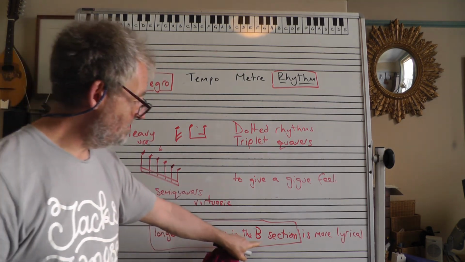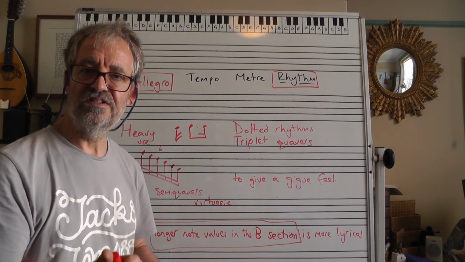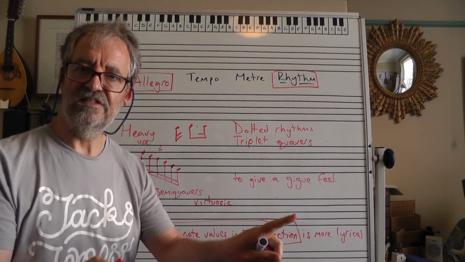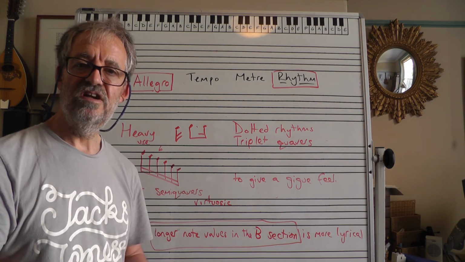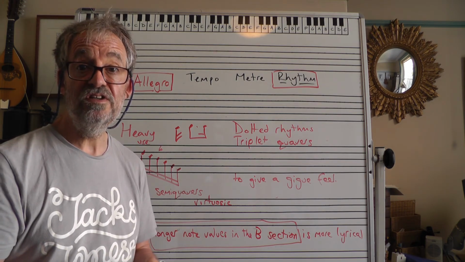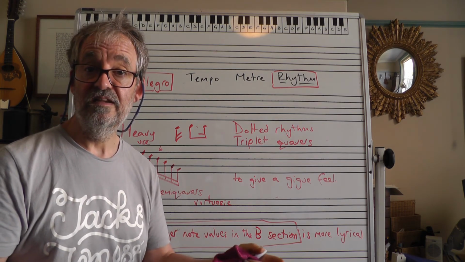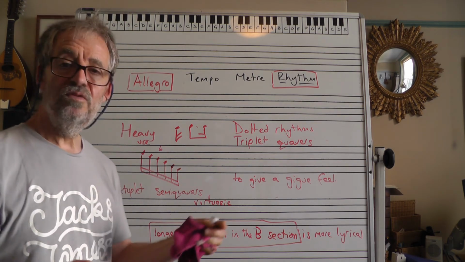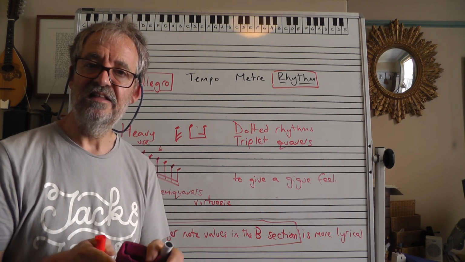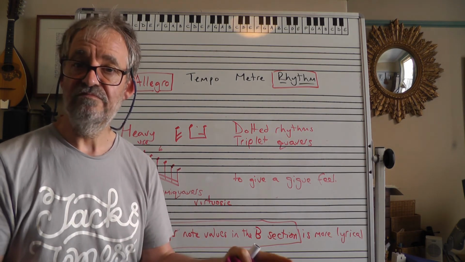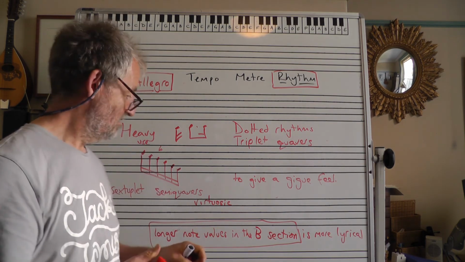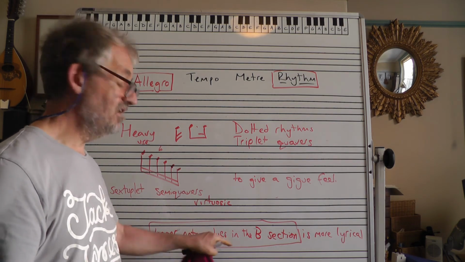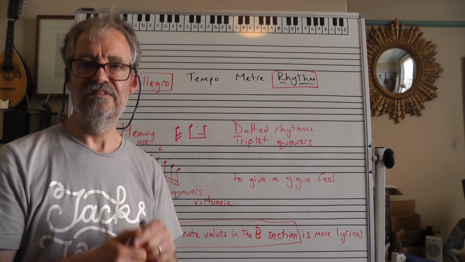And we know that our B section contrasts, doesn't it, in key, it's in B minor, that's not rhythm, okay? It contrasts in who plays the tune first, that's not rhythm, that's use of instruments. It contrasts in how many instruments are playing at the start of the B section, that's not rhythm, that's texture. But it contrasts in using longer note values, that's rhythm.